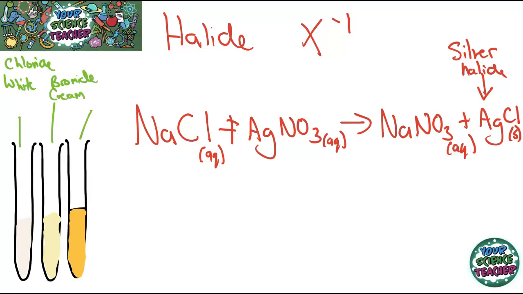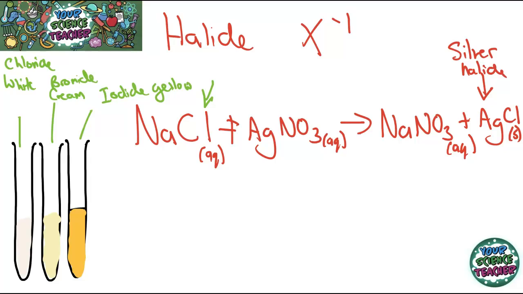And if I have iodide, that makes a yellow precipitate. Now, it doesn't matter what metal ion is with my halide, it could be absolutely anything that we're going for here. So that doesn't matter. What matters is the halide that's present for the colour of the precipitate that you get.